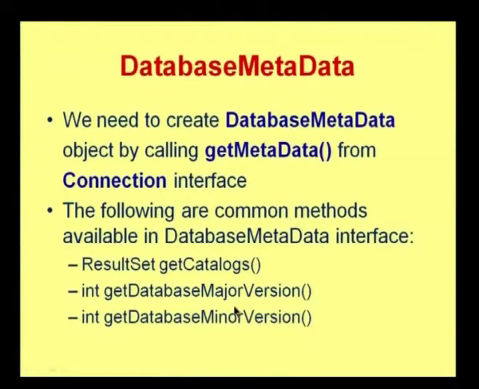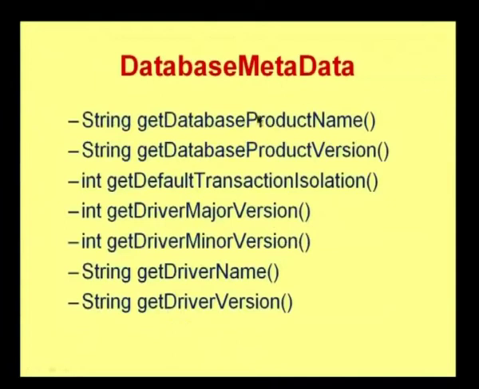Then int getDatabaseMajorVersion, int getDatabaseMinorVersion, so I can get the database versions, and then the database product name, product version, default transaction isolation. Then getDriverMajorVersion, getDriverMinorVersion, what driver I am using to access that particular database, and then the driver name and driver version.